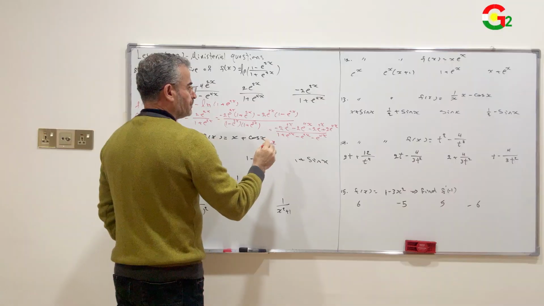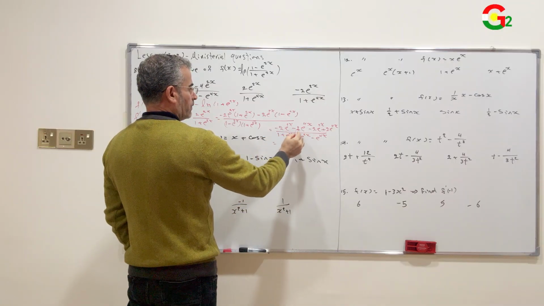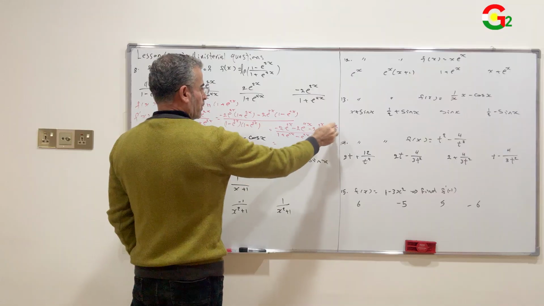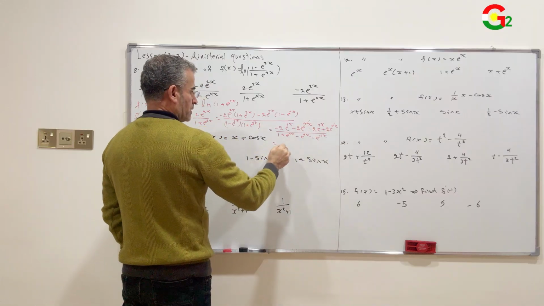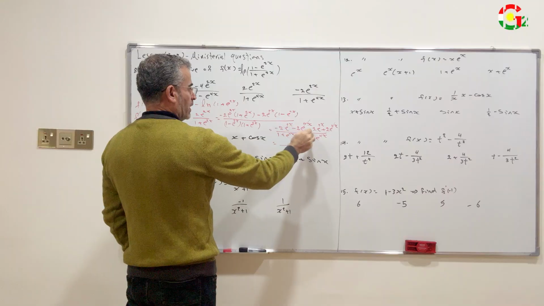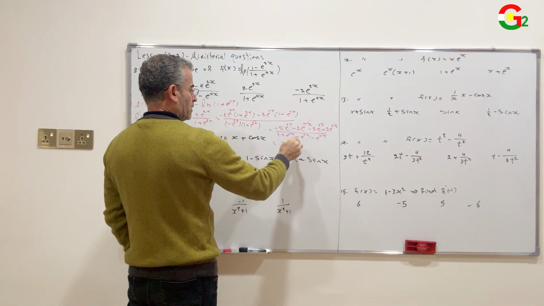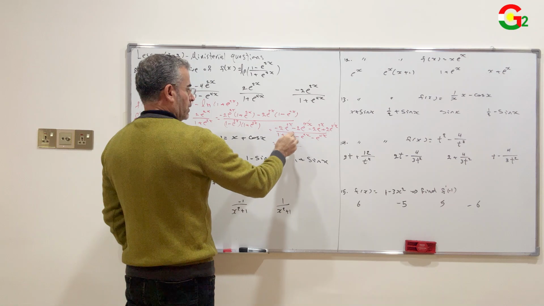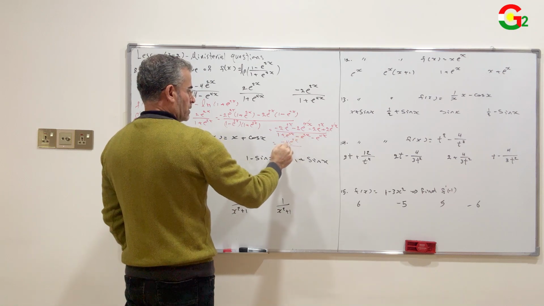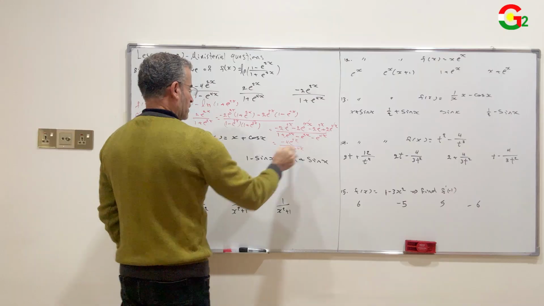Equal to negative 2 e to the 4x with positive e to the 2x, negative 2 e to the 2x, negative 2 e to the 2x, negative 4 e to the 2x, e to the 2x minus e to the 2x, 0, and the denominator 1 minus e to the 4x.